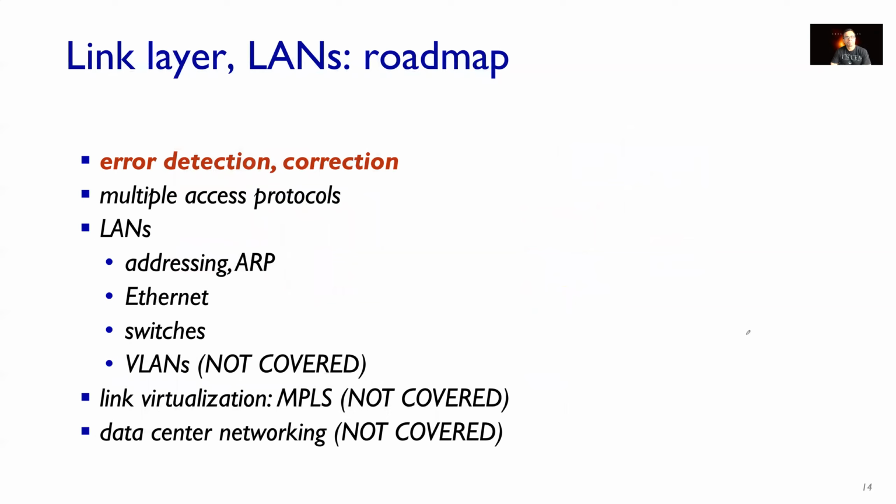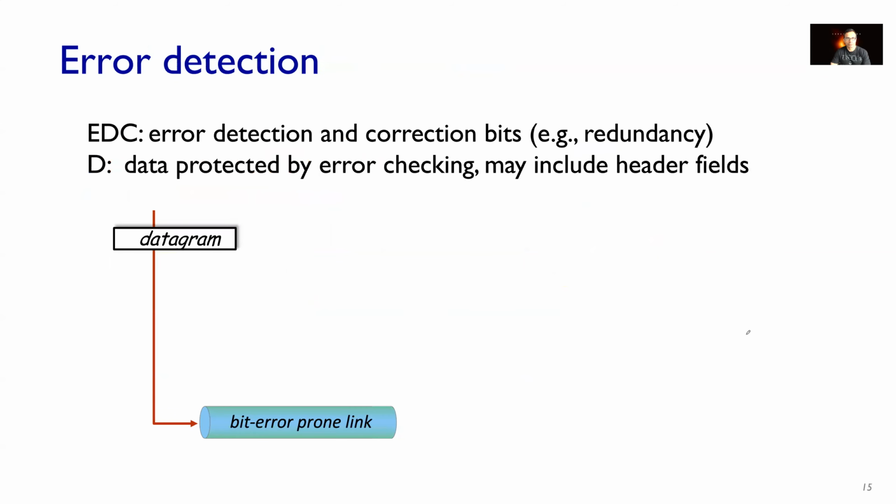Okay, so let's now start looking at error detection and correction. Let's first look at this conceptually, and then we'll see precisely what is actually used in real link layers. So some of this initial discussion is again conceptual. What is the idea here? Well, we are sending out a datagram onto a link, which is likely to have bit errors.